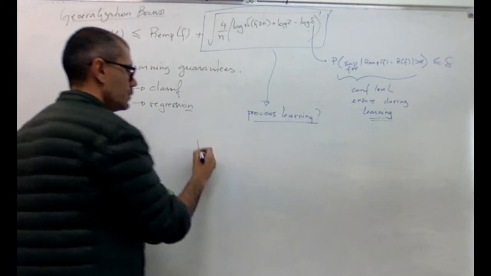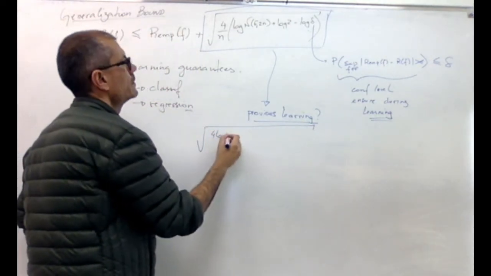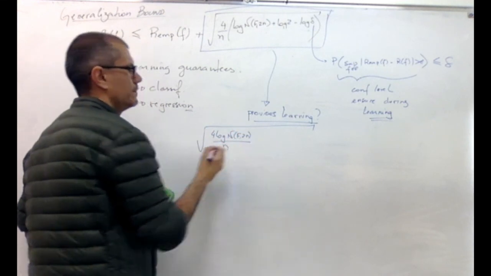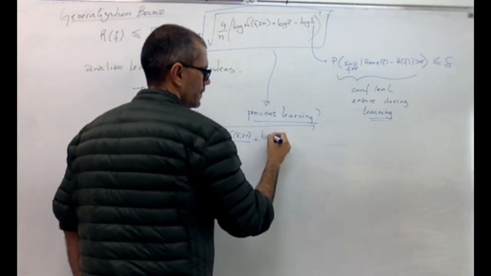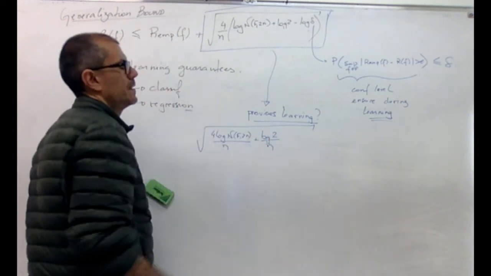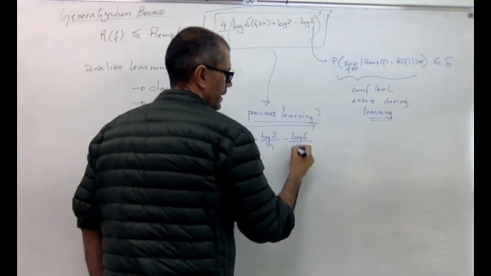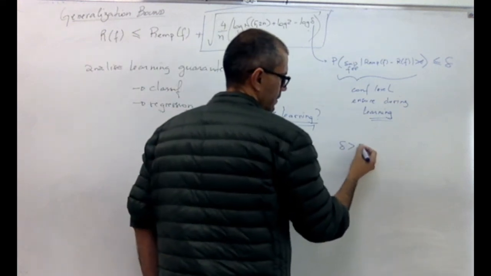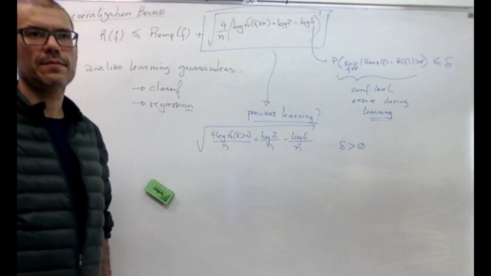We have a square root of 4 times the log of something divided by n, plus log of 2 divided by n, minus log of delta divided by n. Let's assume delta is greater than 0, because equal to 0 would be a big problem, right?